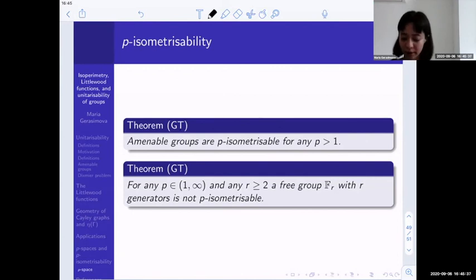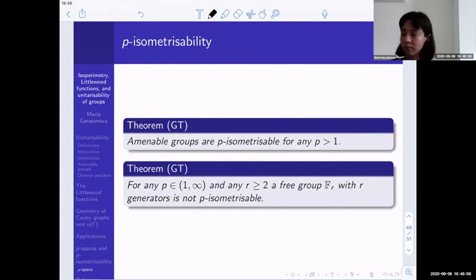And before I finish, I would like also to mention that I said that the strong negation of amenability is like the existence of a free subgroup, but usually when I say something about strong negation, people ask about property T. So maybe a very natural question, can we say something about property T groups? Unfortunately, it is open.